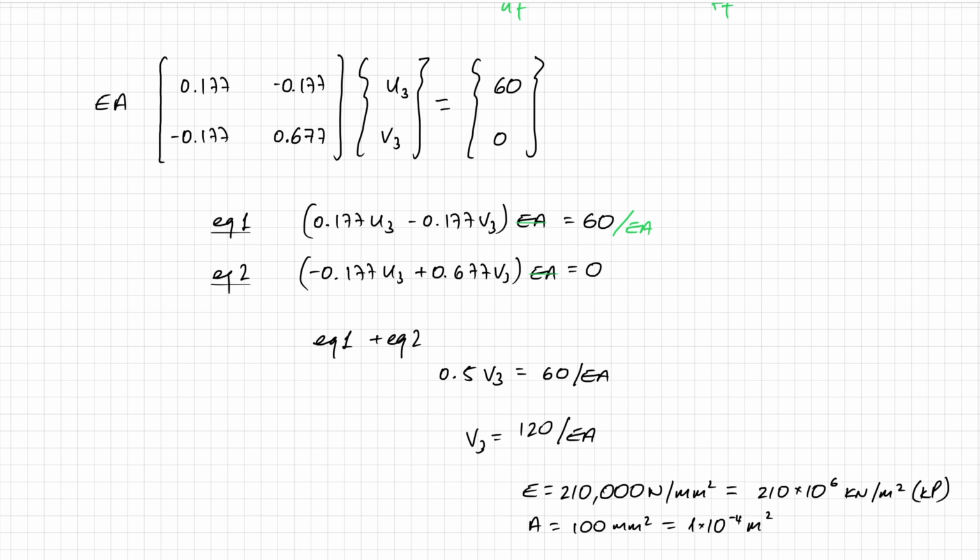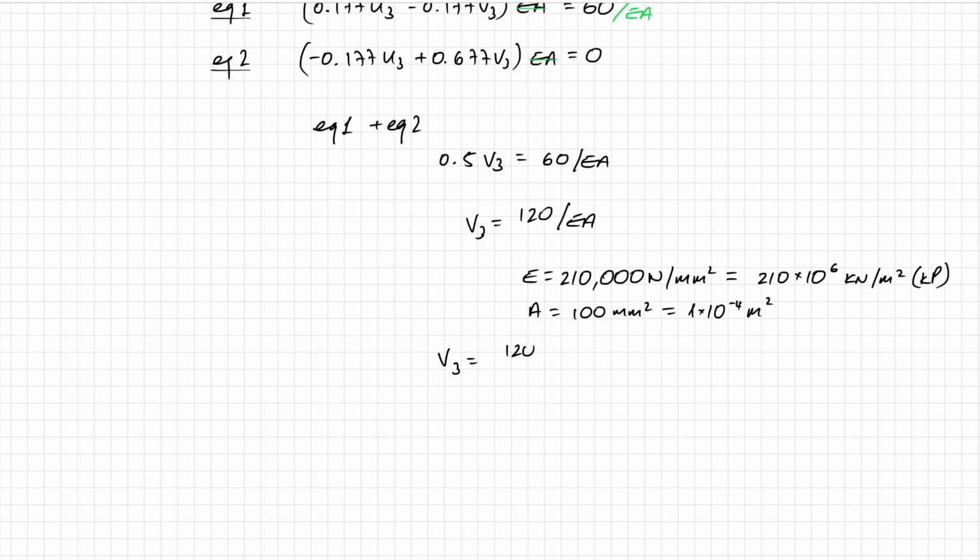And due to that, V3 is 120 divided by 210 times 10 to the power of 6 times 1 times 10 to the power of minus 4. And that gives me 5.714 times 10 to the minus 3 meters. That's the displacement.